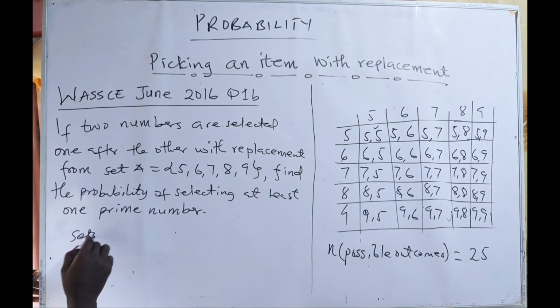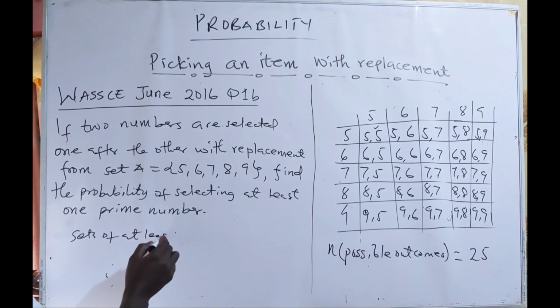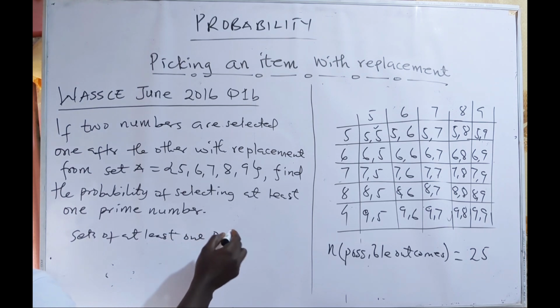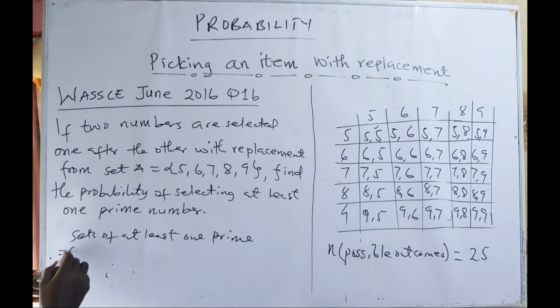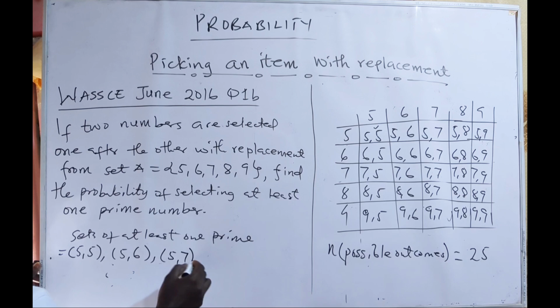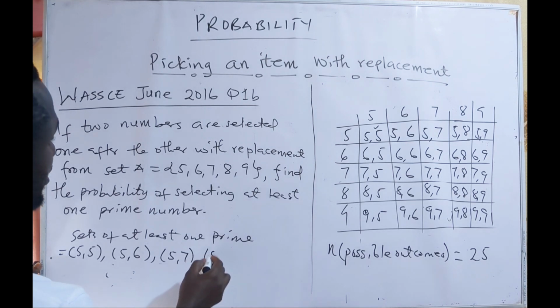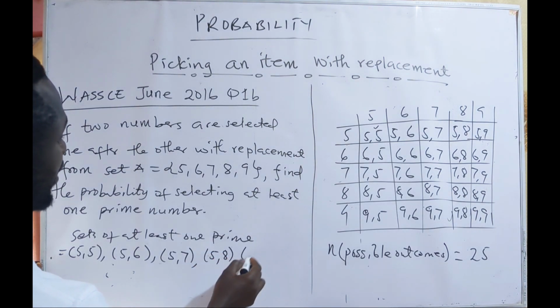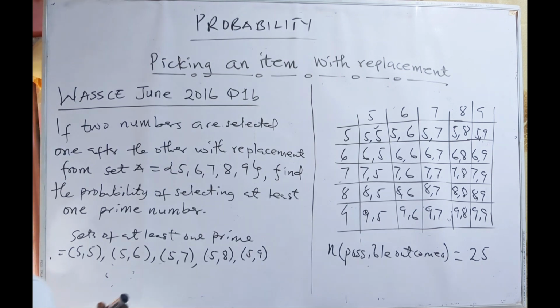It can happen that both are prime. Then 5, 6, where we can see one prime number, which is 5. 5, 7, there's one prime. 5, 8, and then 5, 9. So either you are getting one prime number, or both are prime.